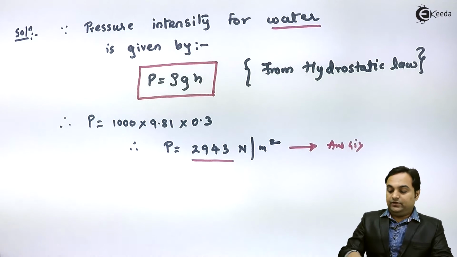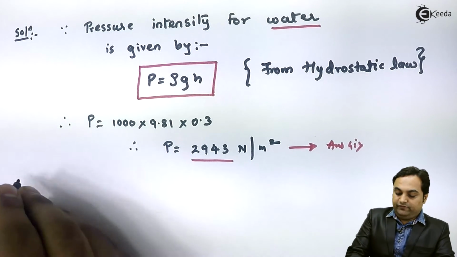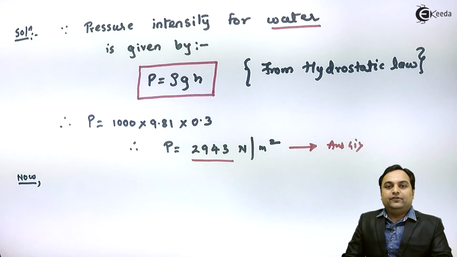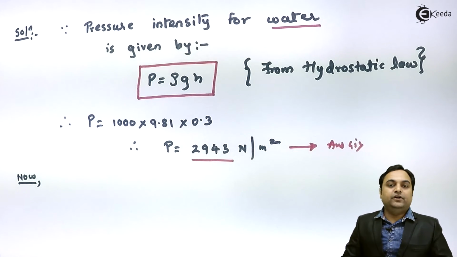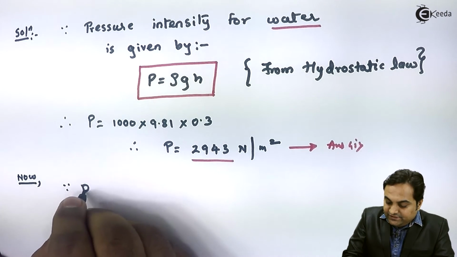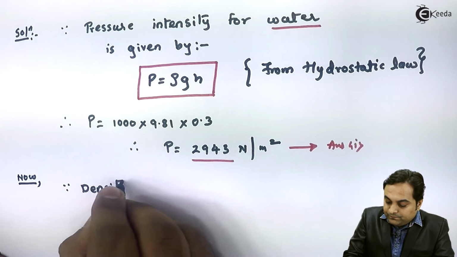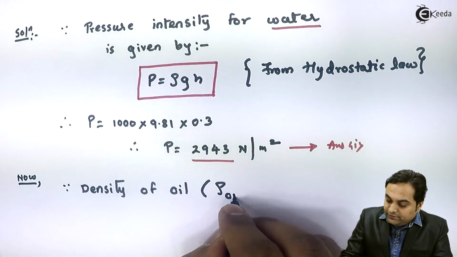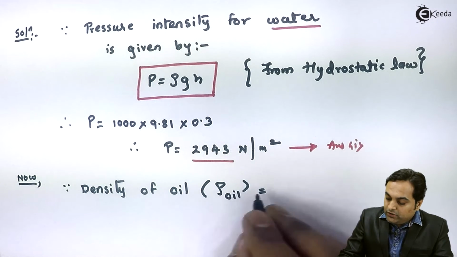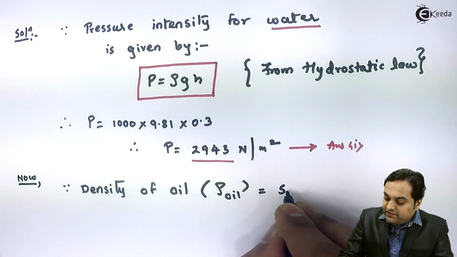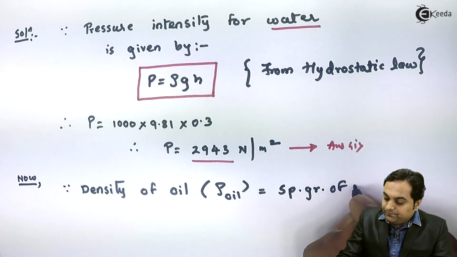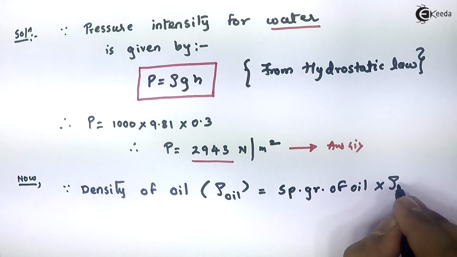Now similarly, I'll calculate the pressure intensity for oil, but for that, since the specific gravity of oil is given, by using the specific gravity of oil, I will first calculate the density of oil. So density of oil, that is denoted by rho, will be equal to the specific gravity of oil into the density of water.